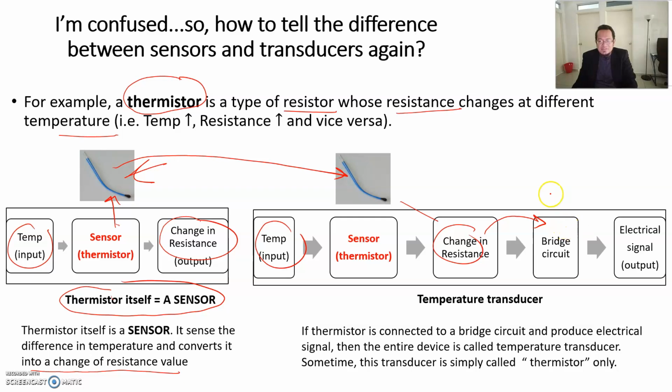This bridge circuit has an AC signal and a voltage signal, and it will change into an electrical signal output. So when a thermistor is connected to a bridge circuit and produces an electrical signal, the entire device is called a temperature transducer. Sometimes in some textbooks or in industry, it's simply called a thermistor, maybe because the word transducer is too long to pronounce.